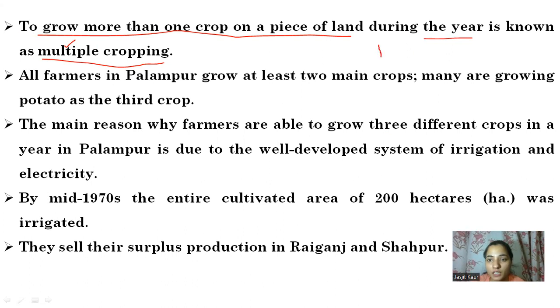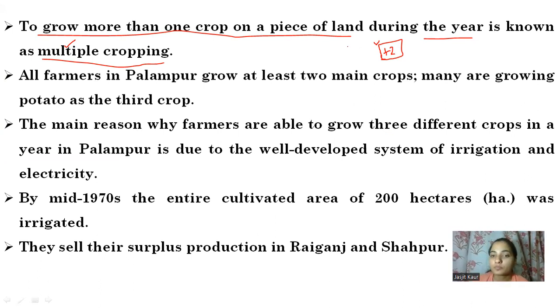In most areas we see that people grow one particular crop on one particular land the whole year. But when we have one piece of land and grow two crops or more than two crops on that piece of land, that is called multi-cropping.